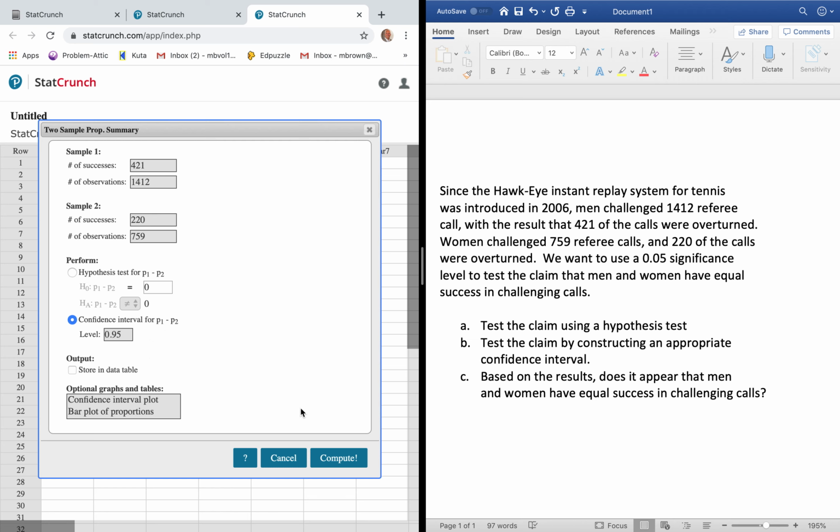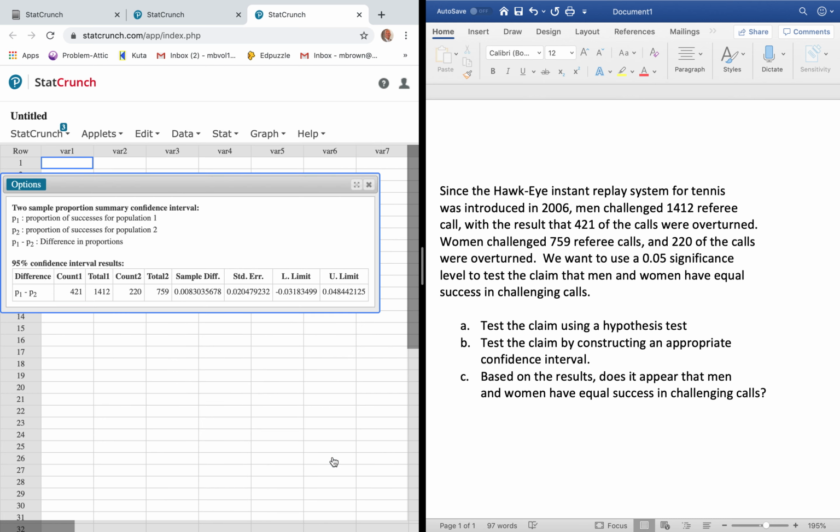For 95% confidence, I'm going to hit Compute, and it gives me my lower limit and my upper limit right here at the end, the last two numbers, which are exactly what I wanted. That's the margin of error right there, which we worked with yesterday. We saw the formula yesterday for how to find the error. It also gives you the counts over here. There's the whole deal, and then you can make your answer for part C based on either one of those.